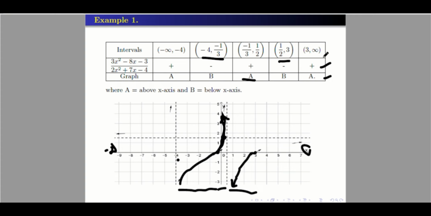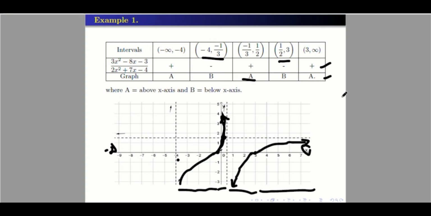And then last, we have 3 to infinity. So from 3, this is now 3 to infinity. So just draw a curve here. Now it should not cross this horizontal asymptote. Why?